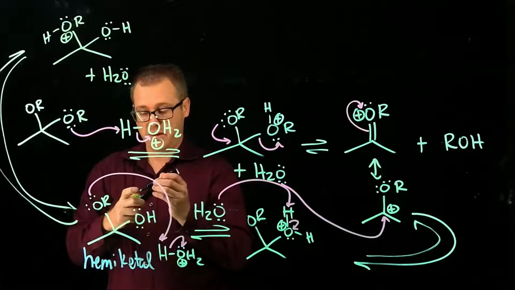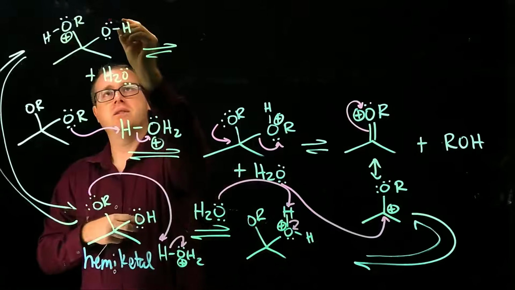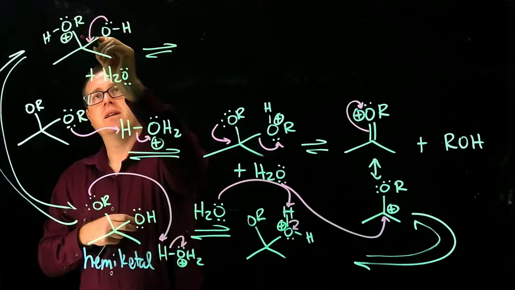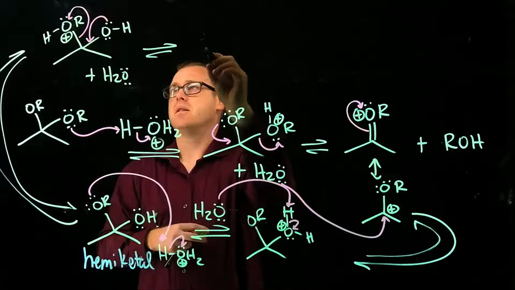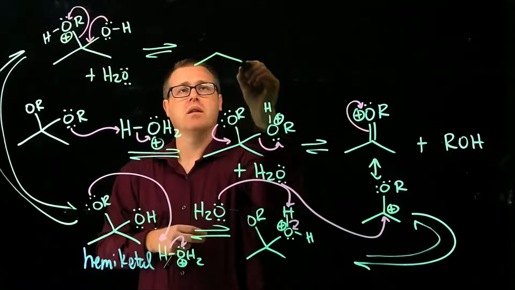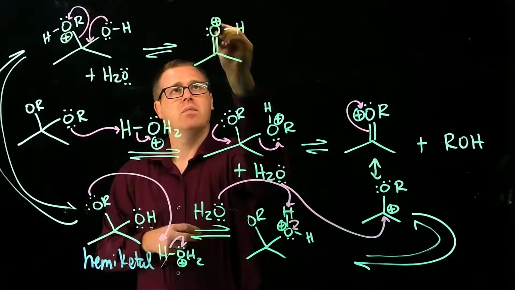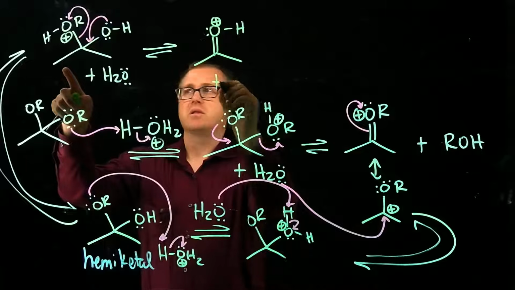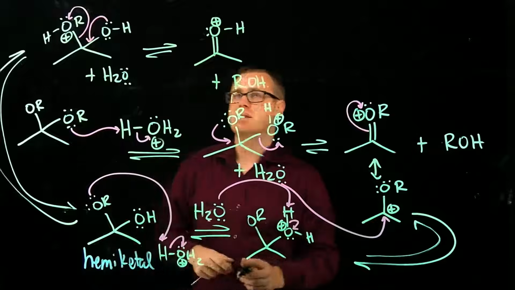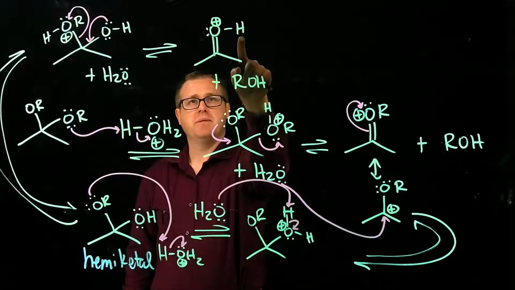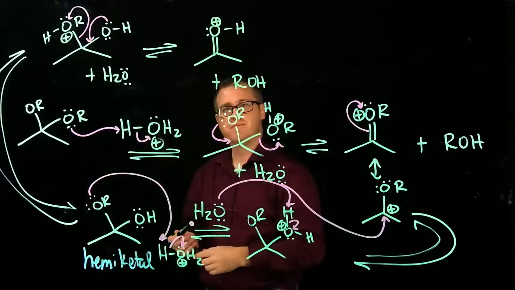So now we have a good leaving group. So you can envision that these lone pairs on this oxygen is going to help kick that off. Now we have double bonded O, positive charge. We just kicked off the alcohol, so we have the second one. Now that, do you see how close we are to our product?